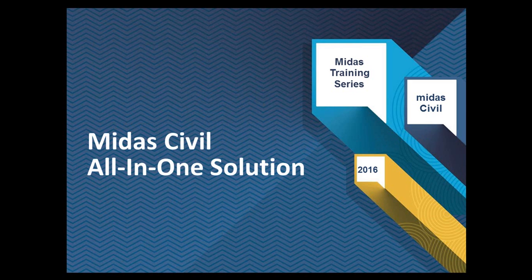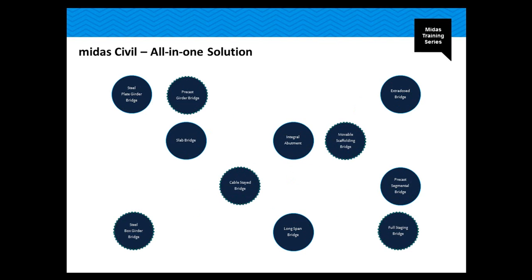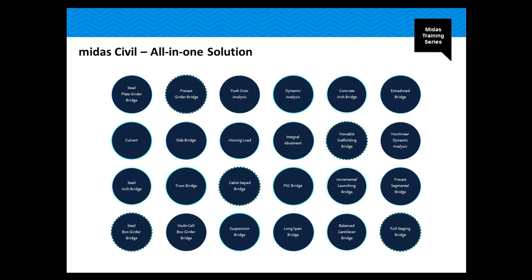So, for those of you who do not know, Midas Civil is an all-in-one solution. In the program, you can perform any type of analysis for any type of bridges, whether it's a steel girder, which is one of the bridges that we're going to talk about, or precast as well.